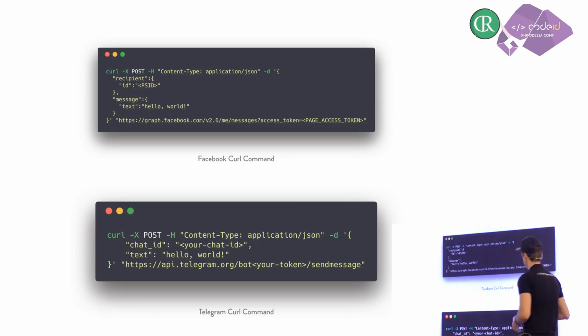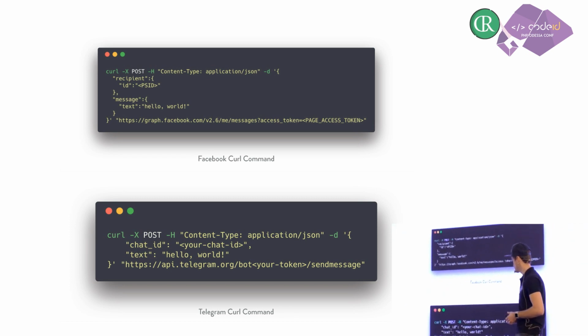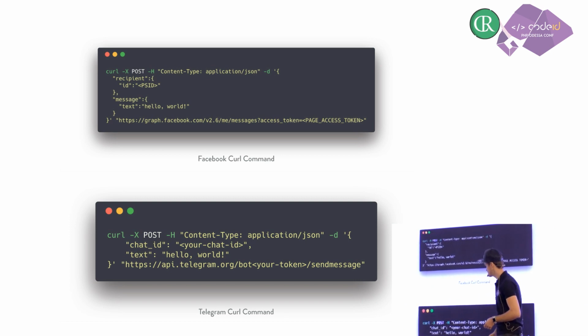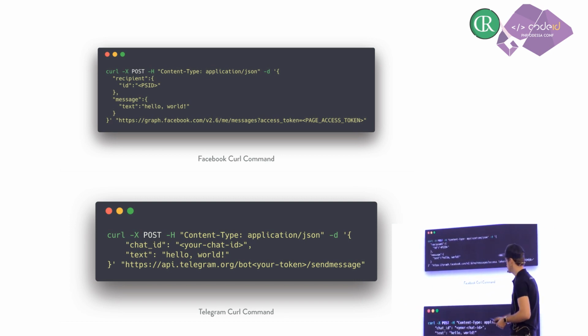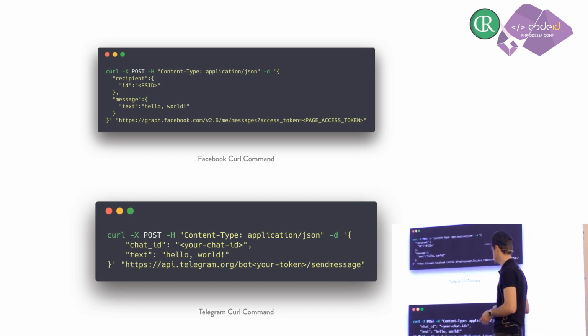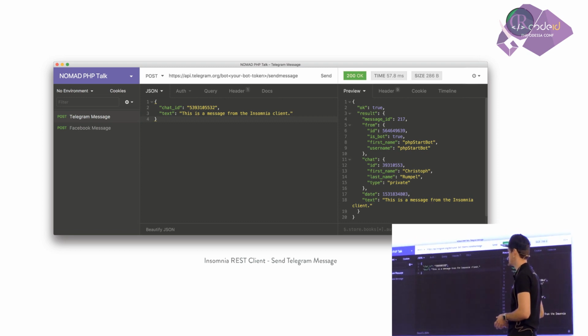For example, you can read it again, but these are 2 curl requests sent from my terminal, where I just have some JSON data with a chat ID and some text, and I send it to a specific API endpoint. Here we have Telegram, and on the top we have Facebook, and you provide some tokens in there. So it's pretty simple. And this way, when you send this, you have a new message in your Facebook Messenger chat or Telegram chat. And this is the same example, just in a REST client.